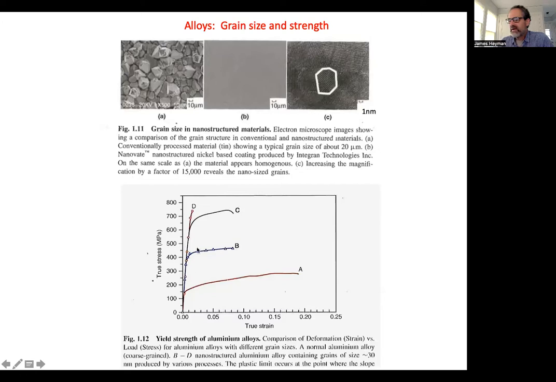The stress-strain graph below shows the different properties of these materials. Here's A, the large-grained material. Here's C, the small-grained material. Okay?